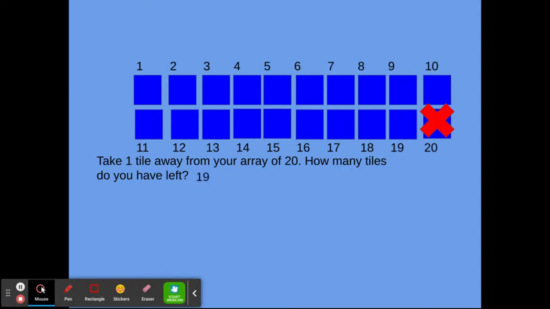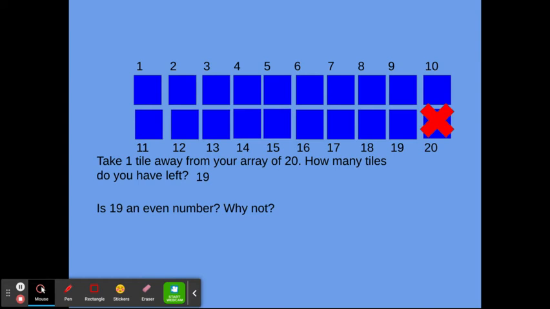Is 19 an even number? And why not? No, you are correct. 19 is not an even number. You cannot make it into pairs. There is one number sticking out. If it has no partner, you know that it's not an even number because it's not 10 plus 10 anymore since we took one away.